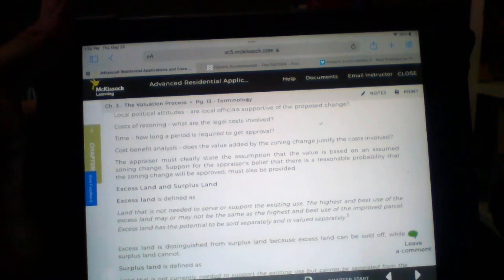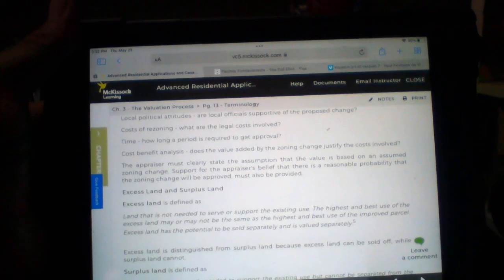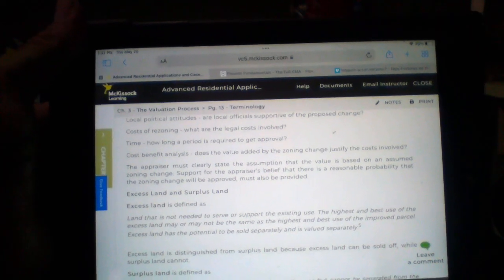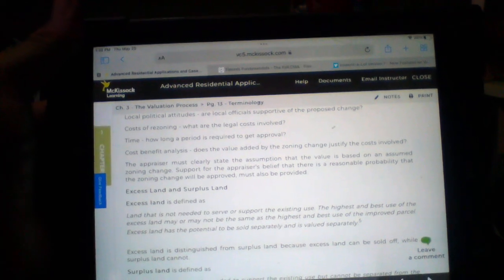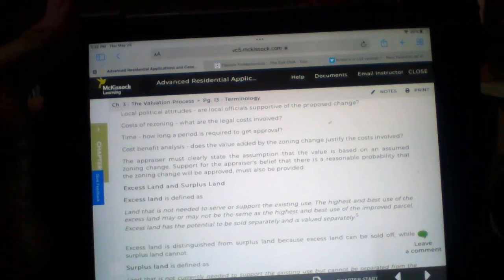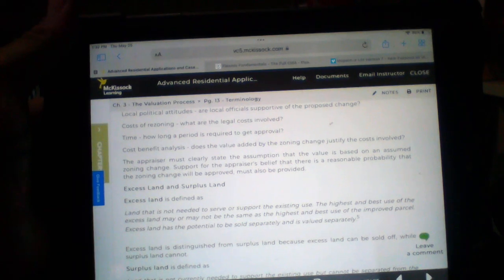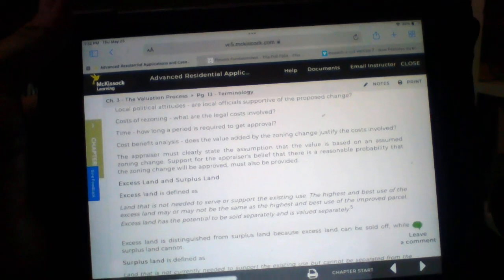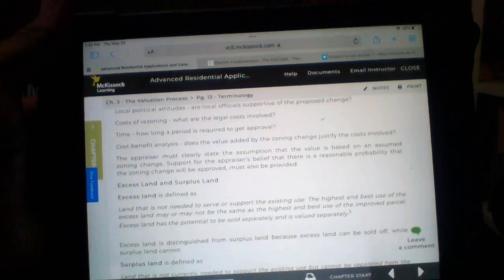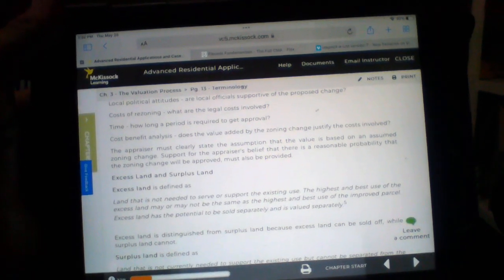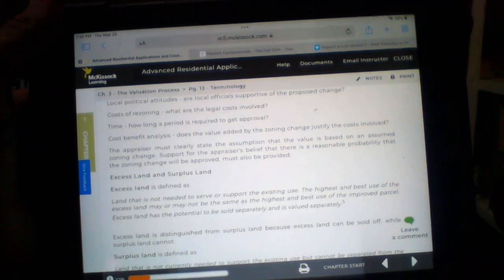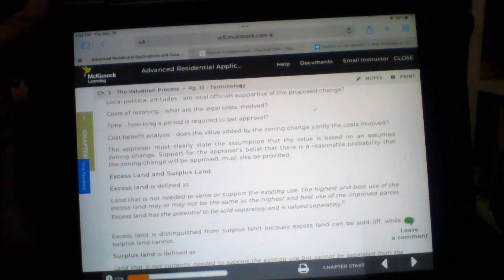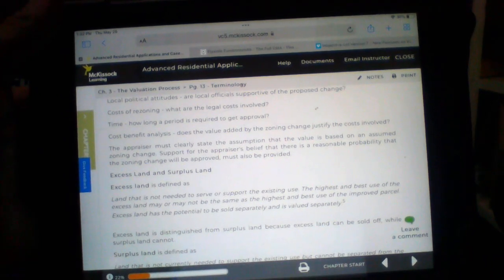What are the legal costs involved? Time. How long a period is required to get approval? Cost-benefit analysis. Does the value added by the zoning change justify the costs involved?